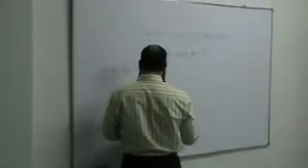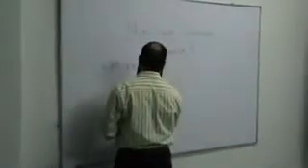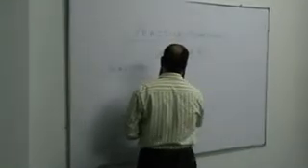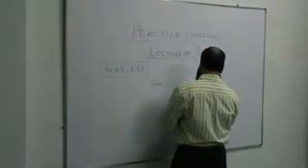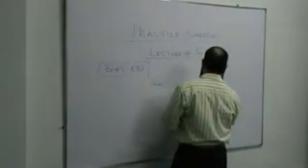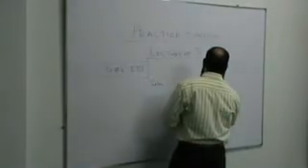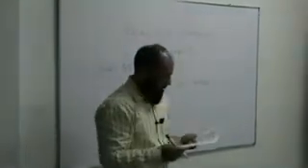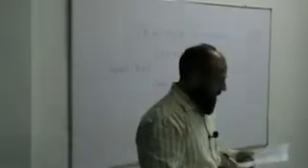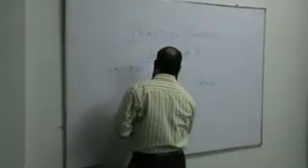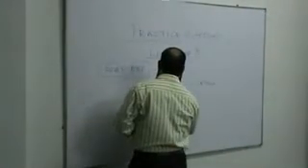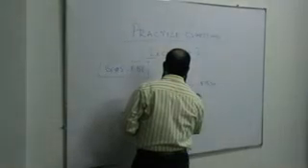Again, the sales are given. Sales are 15,500. From this sales we have to deduct the operating costs, operating costs excluding depreciation.